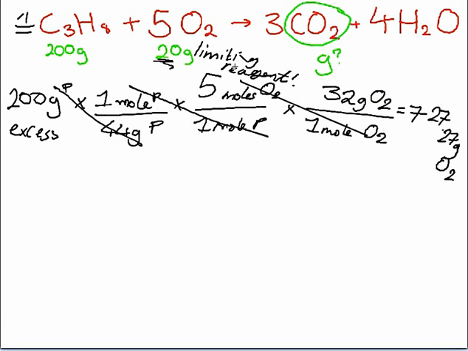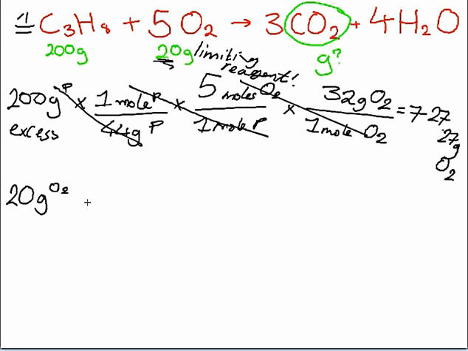Okay, so now we found out the limiting reagent. So we do a type 1 method again by using the limiting reagent. We have 20 grams of O2 in the question. We need to convert it to moles.